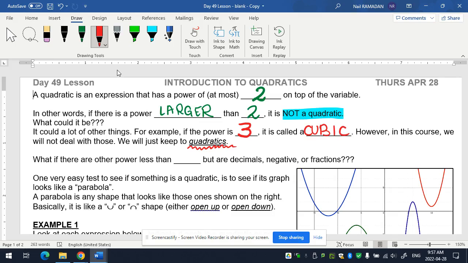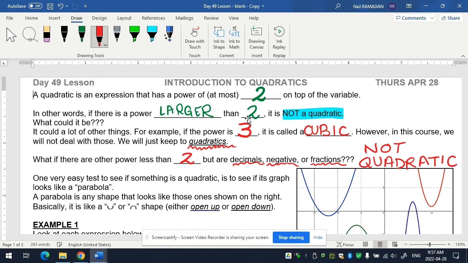Okay, what if your power is not bigger than 2? What if it's less than 2, but is a decimal or a negative or a fraction? Also not a quadratic. So the good news is quadratics is a very strict thing.